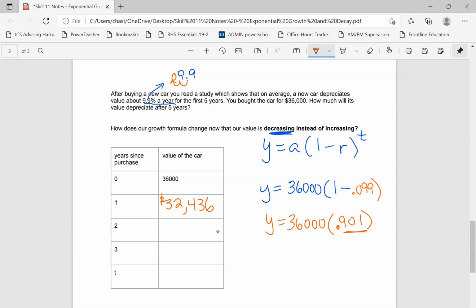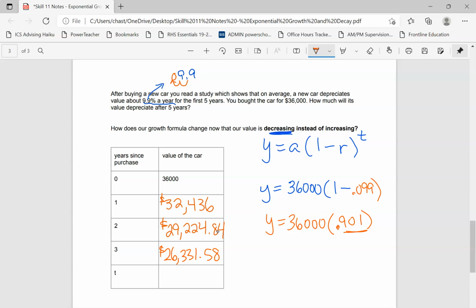And if we do that after a second year, what we would do is we'd take that 32,436 and multiply it by 0.901, and we'd get 29,224.84. And then we would multiply that by 0.901, so after 3 years, the car is only worth $26,331.58.